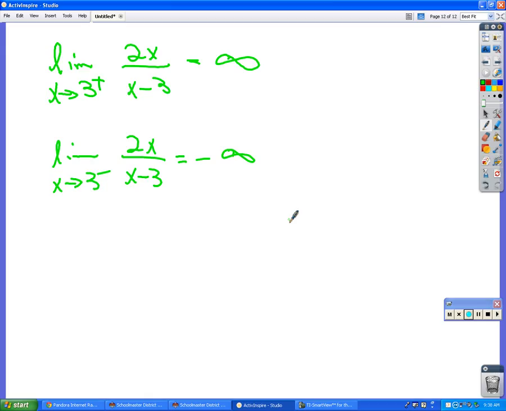Got a vertical asymptote at x equals 3. What would you say the limit is as x approaches 3 from either side? These two are not the same, so the overall limit does not exist. You got one going up, one going down, so the limit as x approaches 3 does not exist because it has to be the same both times. Okay? Make sense?